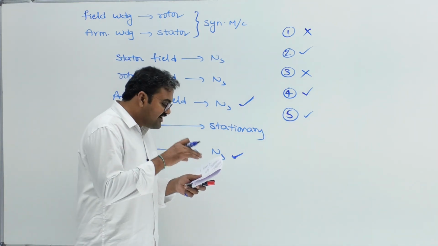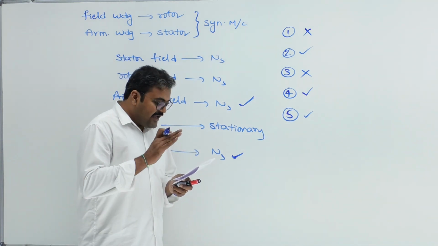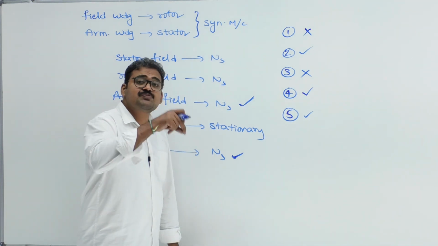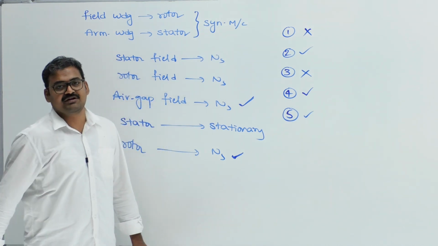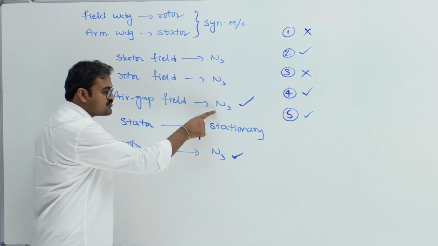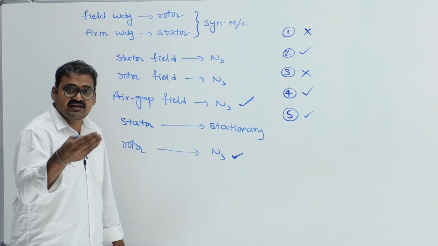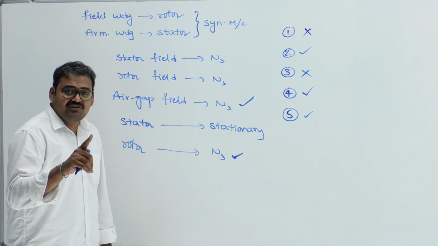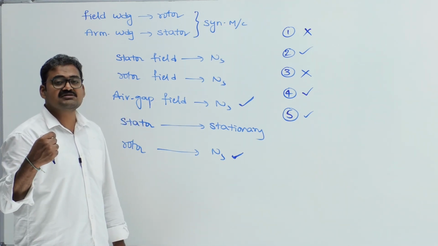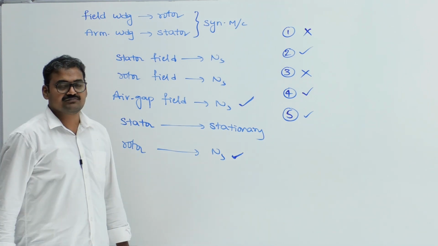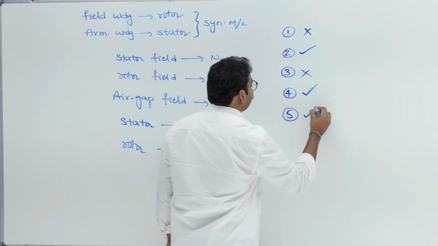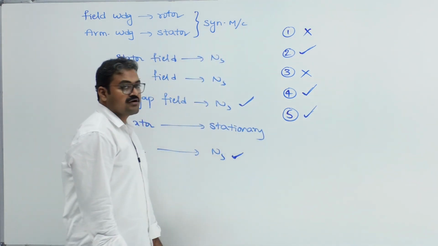Suppose I modify the fifth statement like this, air gap field is rotating at ns with respect to rotor, then it would be a wrong statement. With respect to rotor means I have to take relative speed, and relative speed is 0. But they said in the fifth statement, the direction of rotor or opposite direction of rotor, so the answer is in the direction of rotor. Therefore, what are the correct statements? 2, 4, 5 statements are correct. 1 and 3 are wrong.